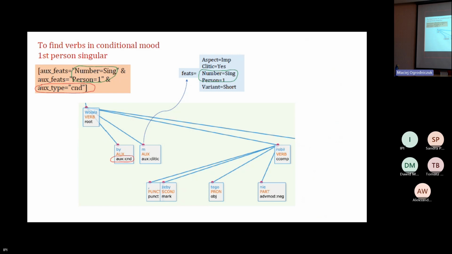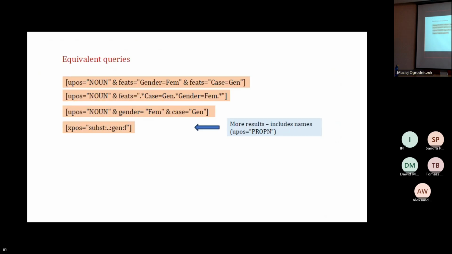It would show you the verbs that are in the first person singular. So now you would see just the forms. There's more than one way how to query the same thing.